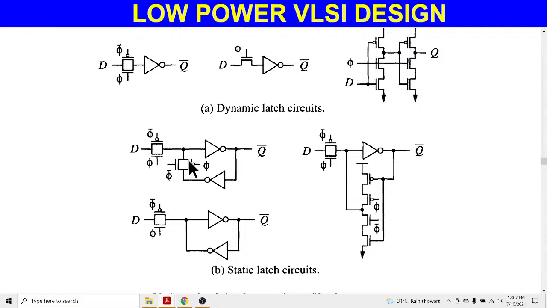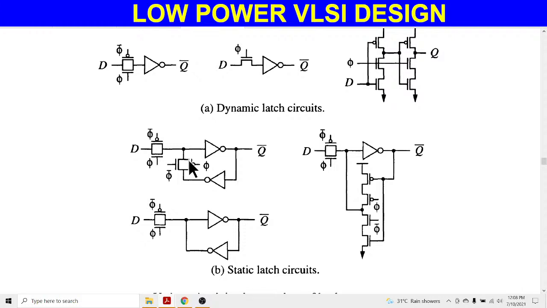But what is the disadvantage? The disadvantage is that in NMOS circuitry, when the input voltage is high above a certain threshold voltage, the NMOS works as an on circuit, a short circuit.